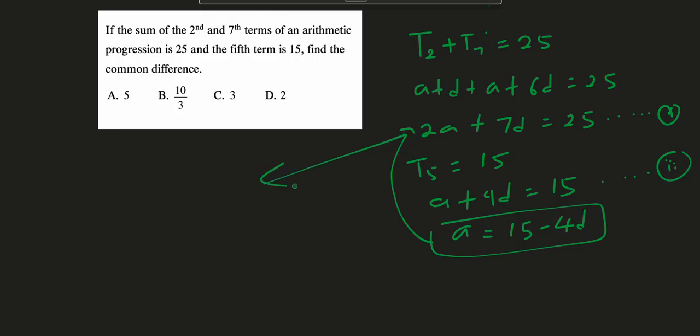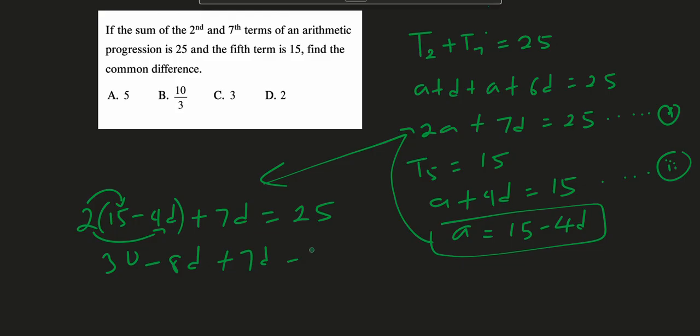I'm going to have 2 times the bracket 15 minus 4d, plus 7d, equals 25. Okay, so multiply through the bracket: 2 times this is 30, then 2 multiplies this, that is minus 8d, plus 7d equals 25.